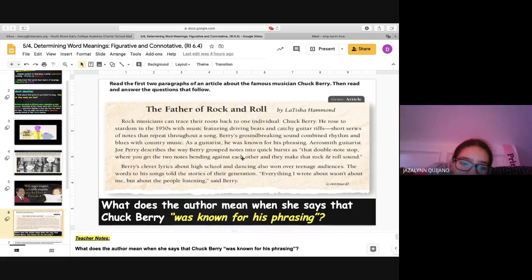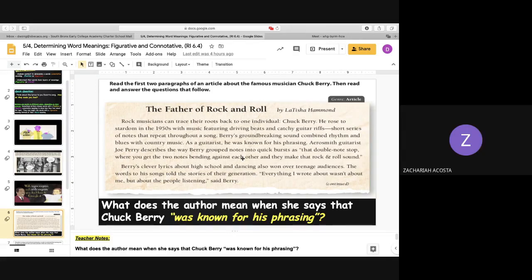Aerosmith guitarist Joe Perry describes the way Berry grouped notes into quick bursts as that double note stop, where you get the two notes bending against each other and they make that rock and roll sound. Berry's clever lyrics about high school and dancing also won over teenage audiences. The words to his songs told the stories of their generation. Everything I wrote about wasn't about me, but about the people listening, said Berry.